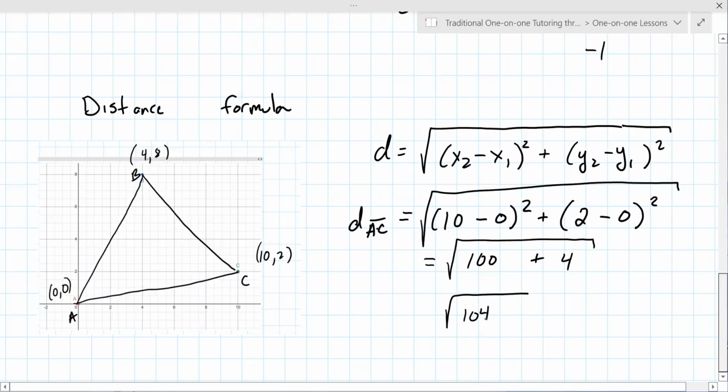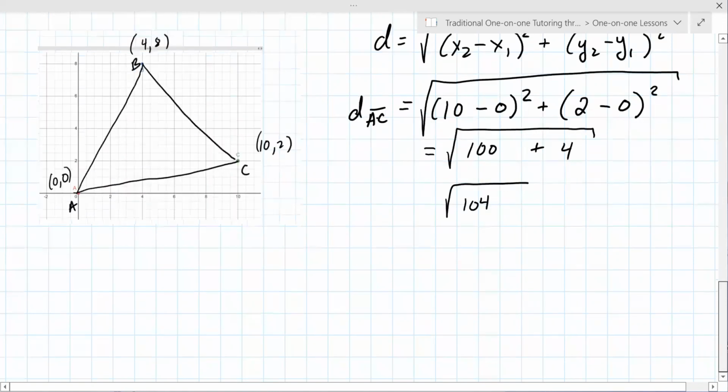And to reduce this, you have to use a prime factorization. So you start with the first prime number that you know of, which is 2. 2 times what number gets you back to 104?